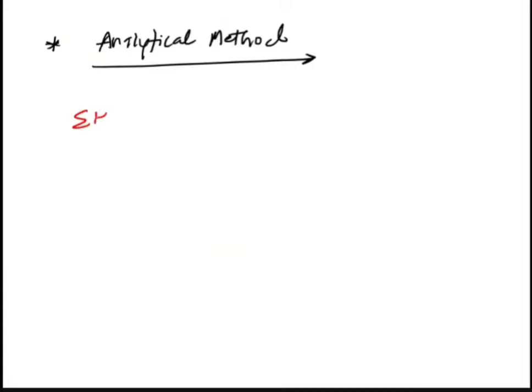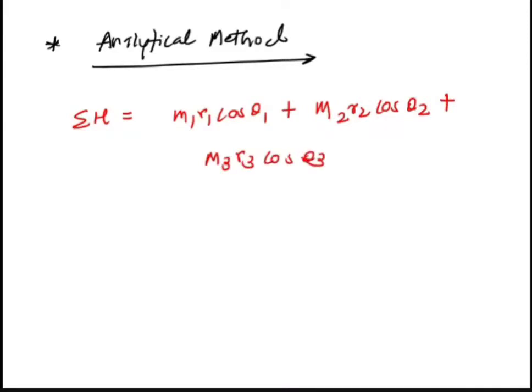So first of all, find out summation H. What is summation H? M1 R1 cos theta 1, right? Because we have 4 masses and 4 centrifugal forces. Okay, and then M2 R2 cos theta 2 plus M3 R3 cos theta 3. Okay, right? And similarly plus M4 R4 cos theta 4.